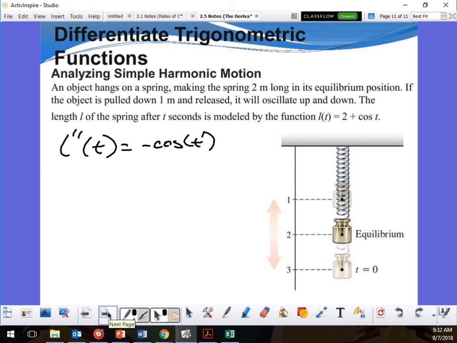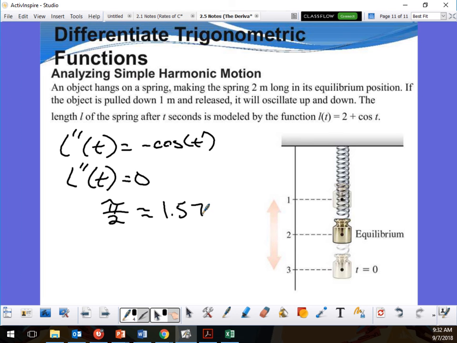At pi halves. So it should be pi halves, but what's a decimal? Oh, 1.57.